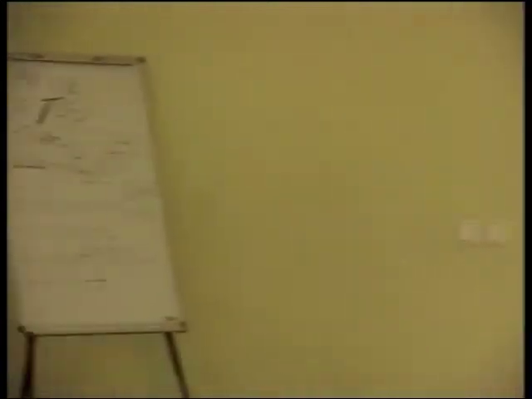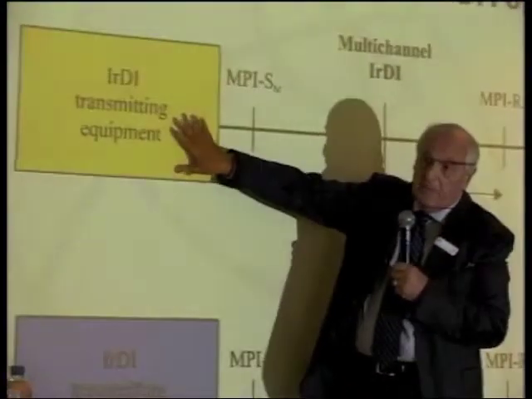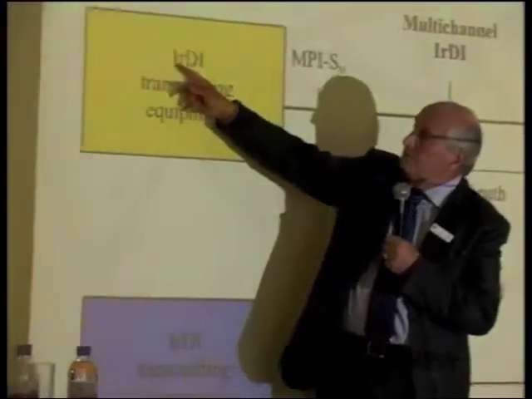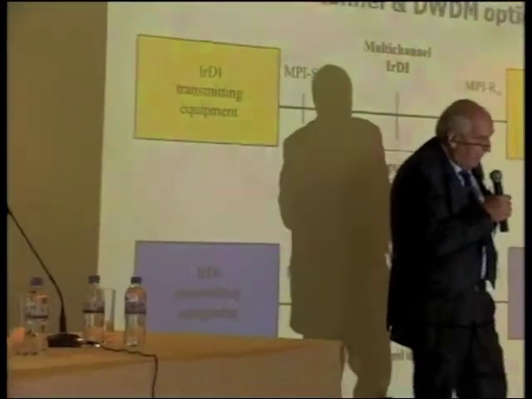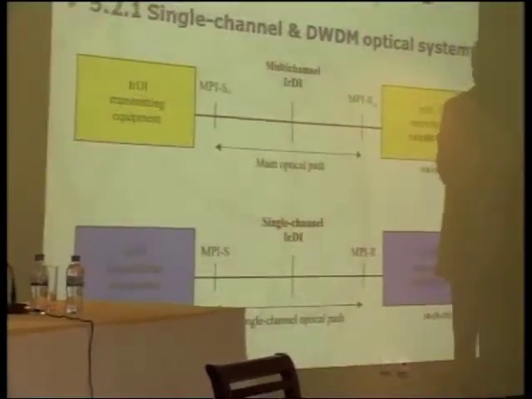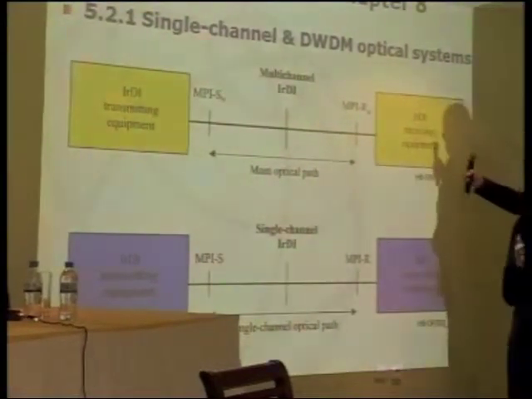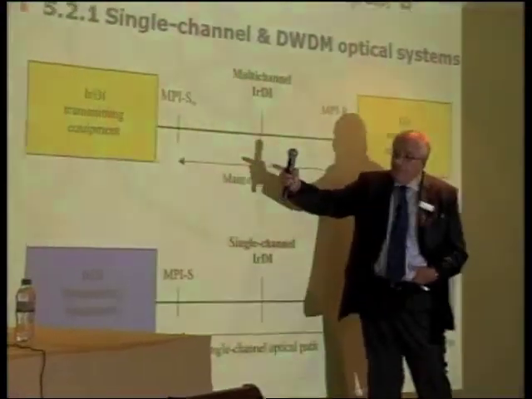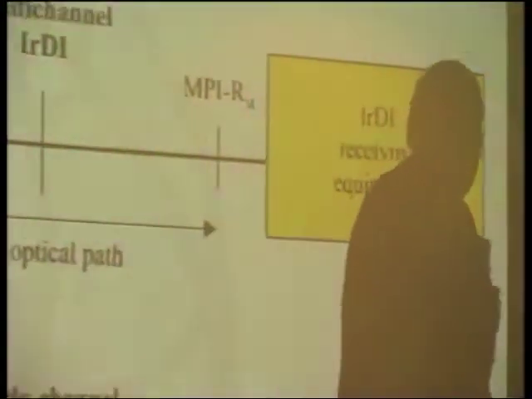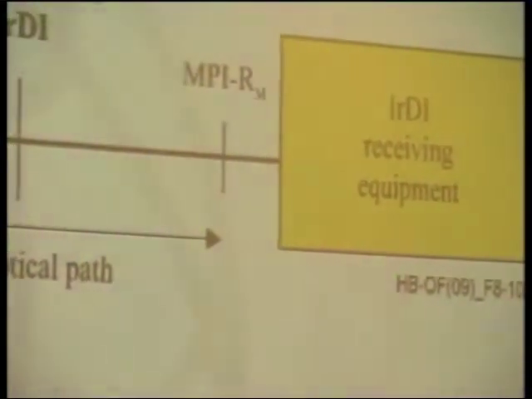As you can see, we have a transmitter which has been built to be compatible with systems in other domains, in domains of other operators of other countries, same on the receiver, and the specification covers the line that is the main optical path.